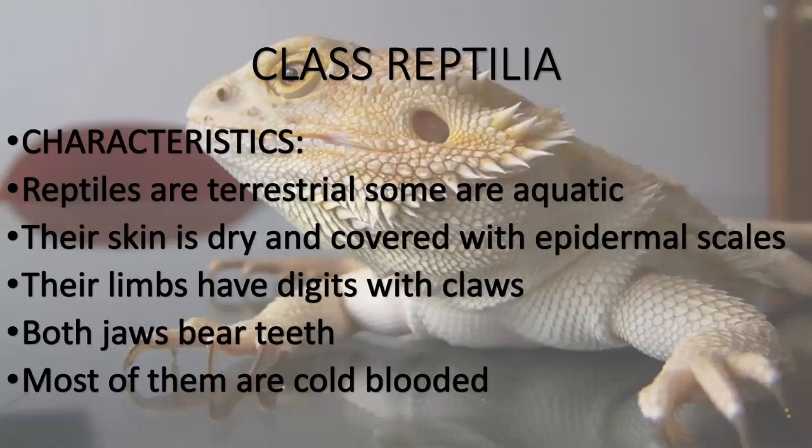Both the jaws bear teeth. What do you mean by both the jaws? That is the upper jaw and the lower jaw. Both bear teeth. The teeth are very sharp, especially the canine teeth, so these can tear the insect or the flesh of other animals.